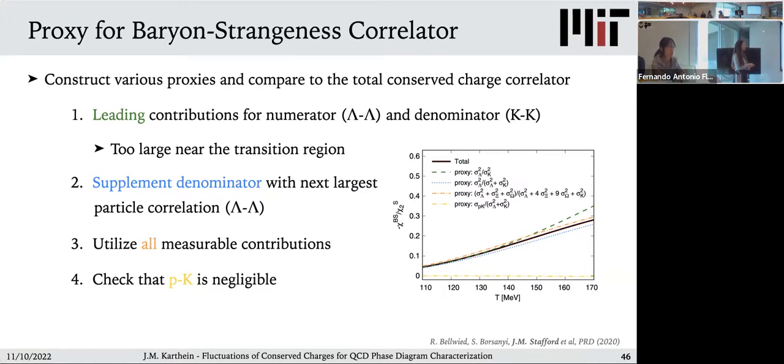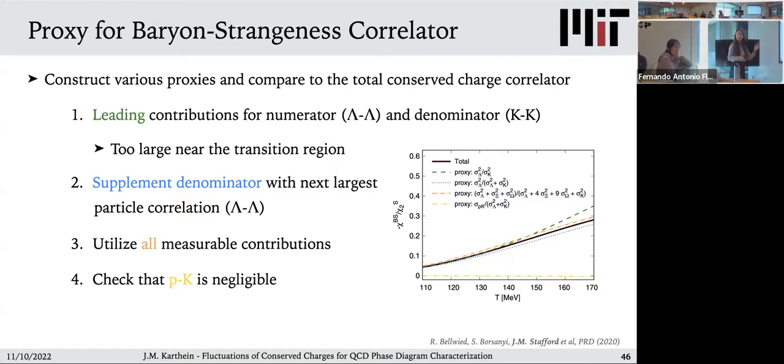And if we just look at the leading contributions from the numerator and denominator, then that would be the lambda variance over the kaon variance. But that one in the transition region overshoots. And since the transition region is something that we're particularly interested in describing in the chemical freeze-out area, this is not going to be the quantity that we want to achieve.